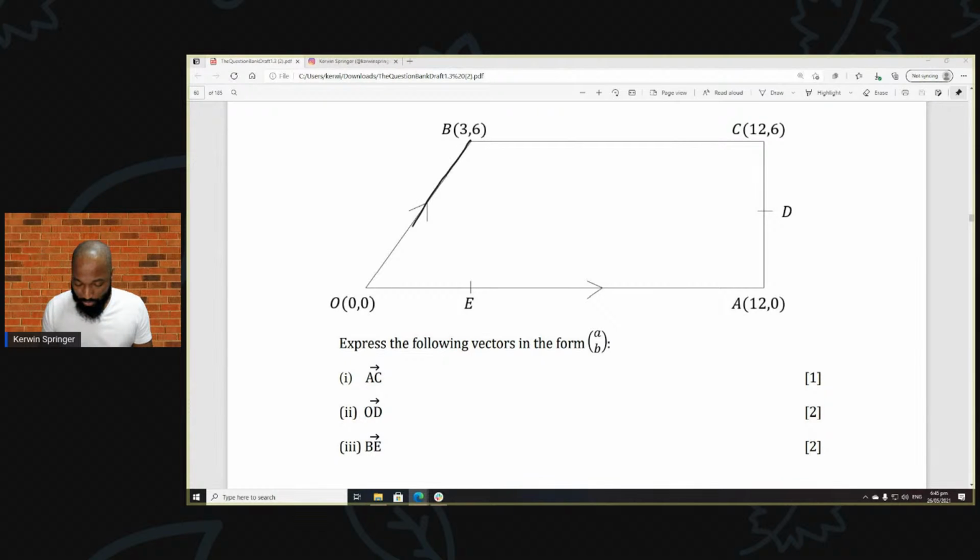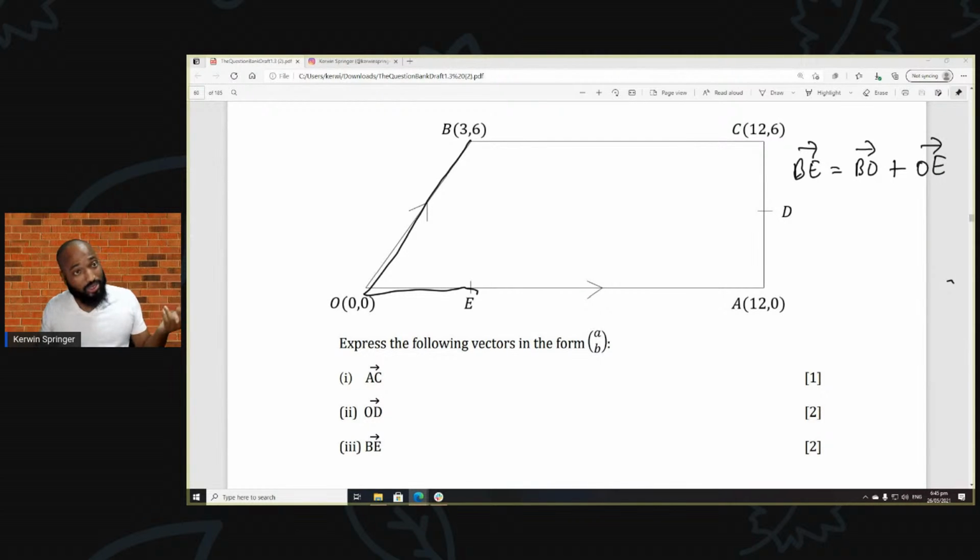So we want to go from B to E. And seeing the known routes we could go, we can say B to E is the same as B to O, which we know, plus O to E. We know what O to E is.